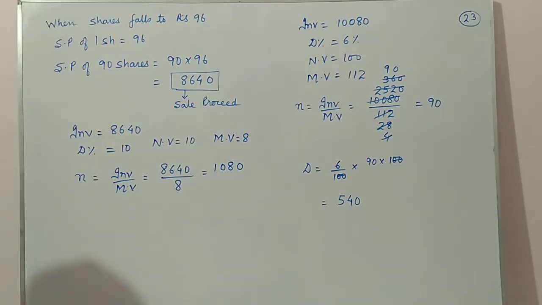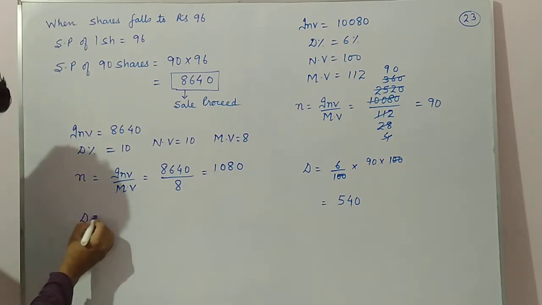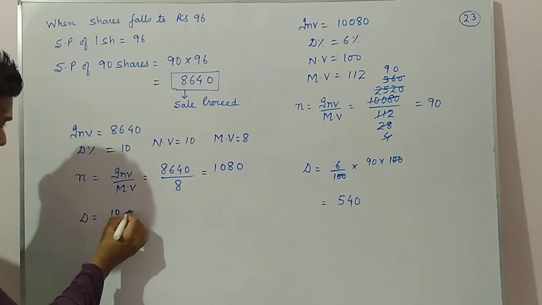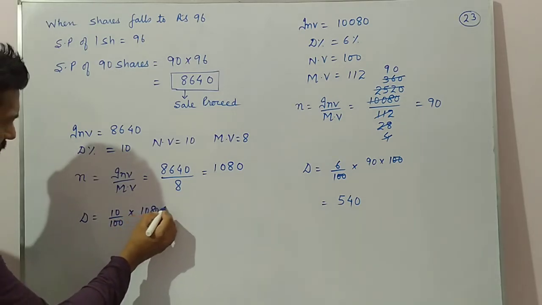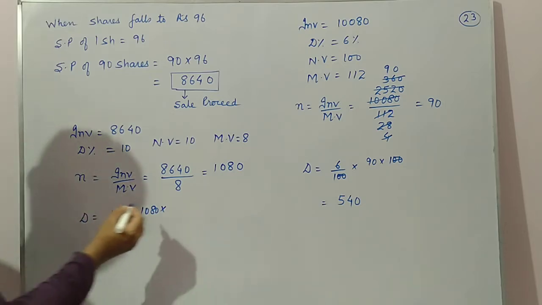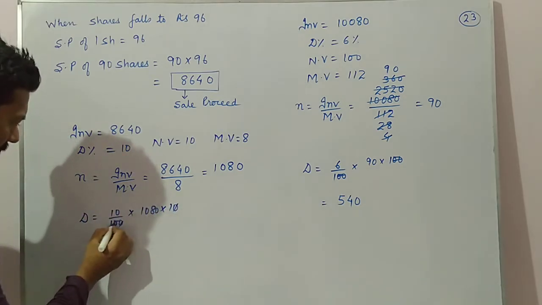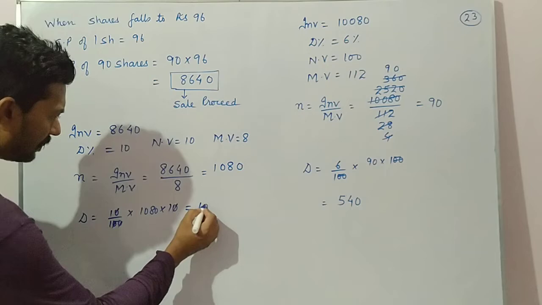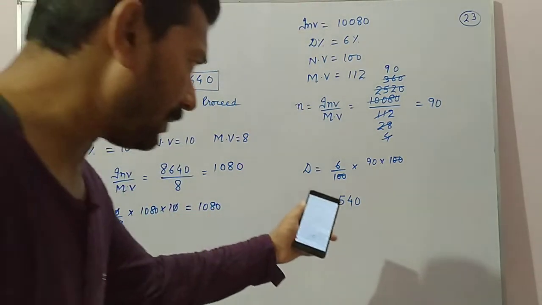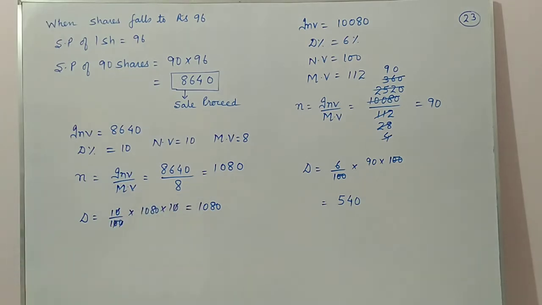This is the number of shares. Dividend is dividend percent by 100 into number of shares, 1080, into nominal value, that is 10, 1080. So earlier the dividend was 540, now the dividend, or annual income, is 1080.